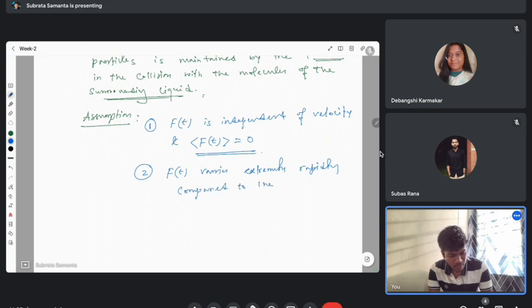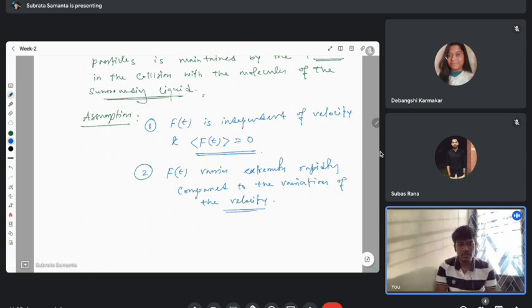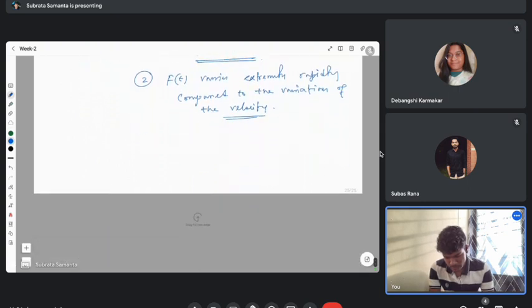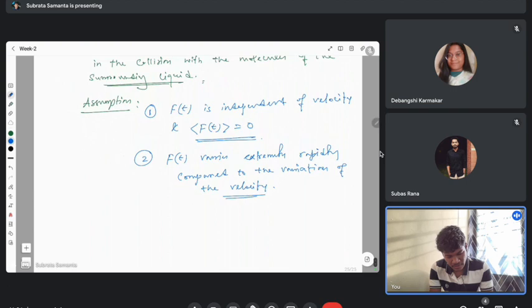That actually means, for the second assumption, suppose we choose a time interval.